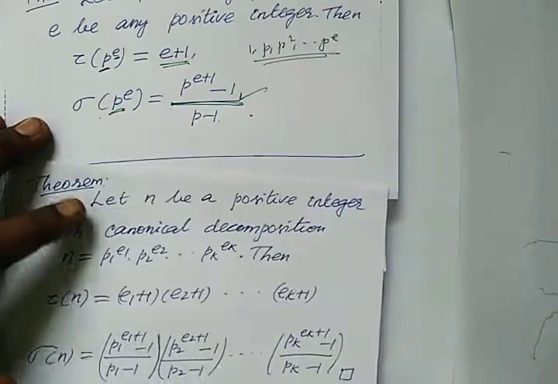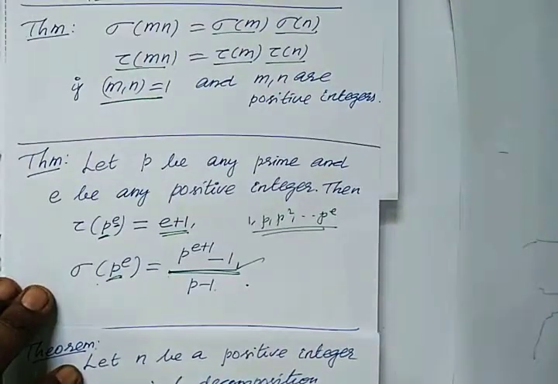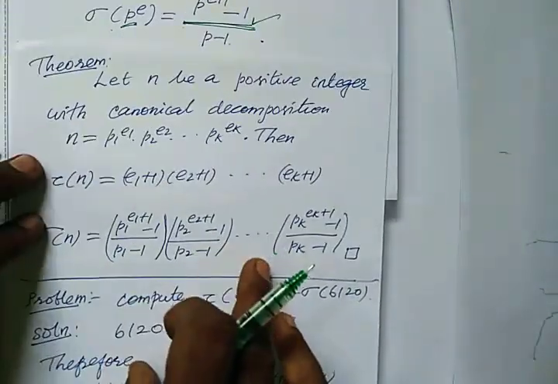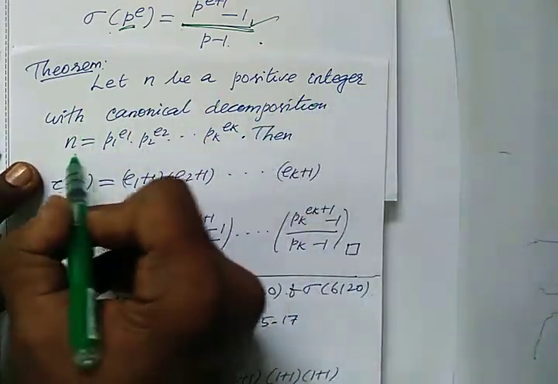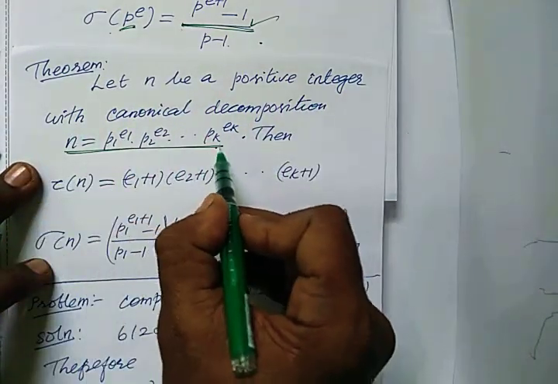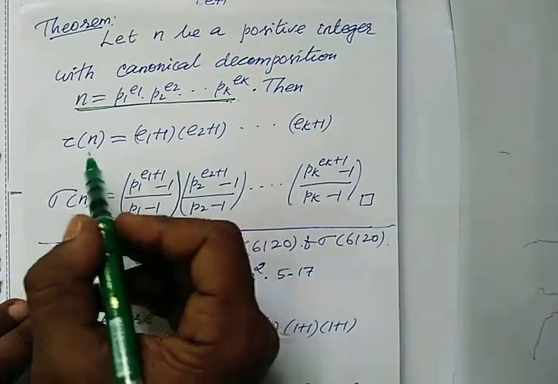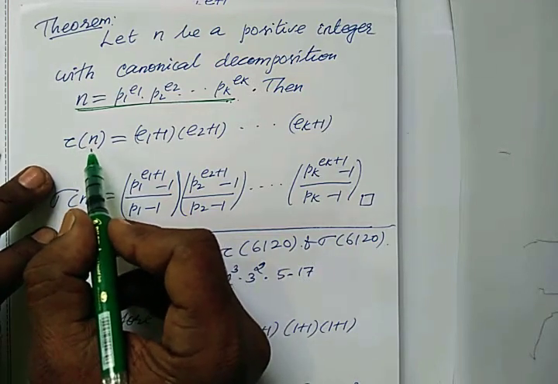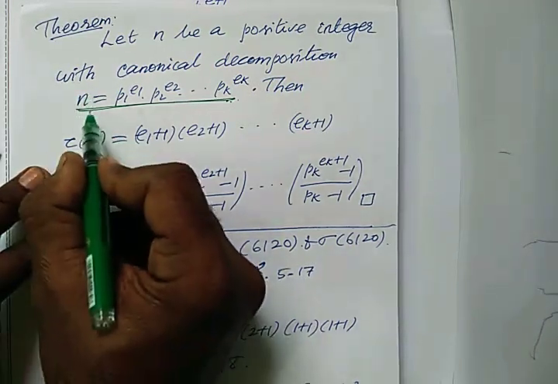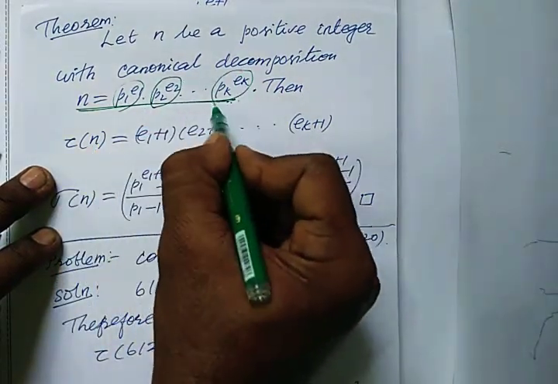Okay. Using this formula, and since this is a multiplicative function, let us arrive at one more theorem. Let n be a positive integer with this canonical decomposition. So tau of n: tau is a multiplicative function, so tau of n means tau of this one into tau of this one into tau of this one.